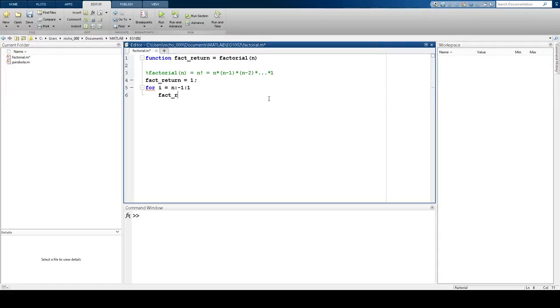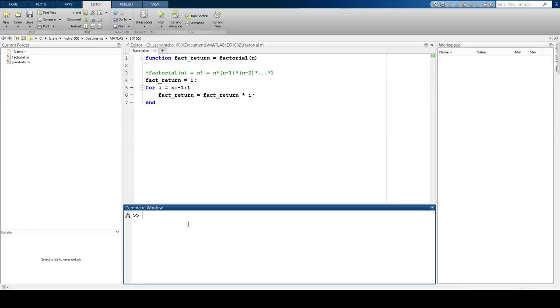Fact return is equal to fact return multiplied by i. So we've got this little function here, and this should work. I'll save this and try running it. Factorial of 5 gives us 120, exactly what we wanted.